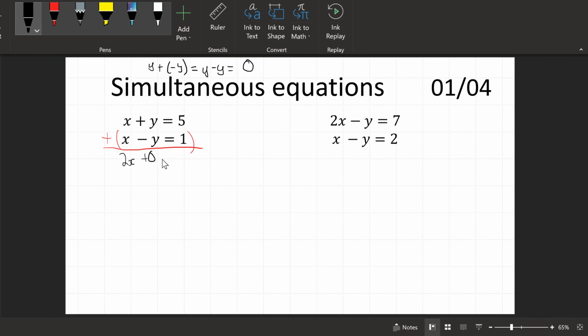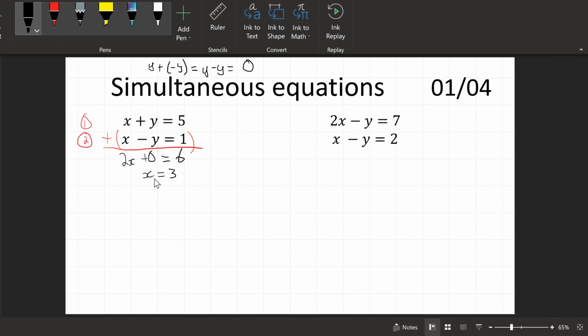That becomes plus 0 equals 5 plus 1, that's 6. And sorry, I forgot to just label these two equations. So from that, we're going to see, okay, 2x equals 6, so x equals 3.